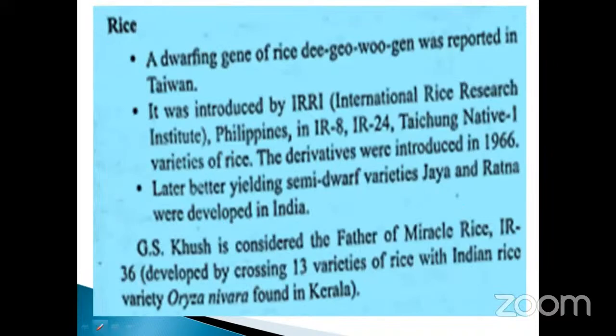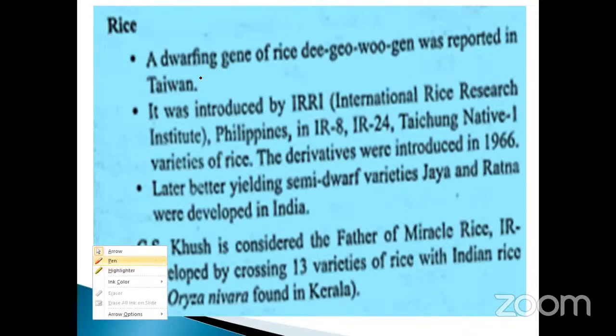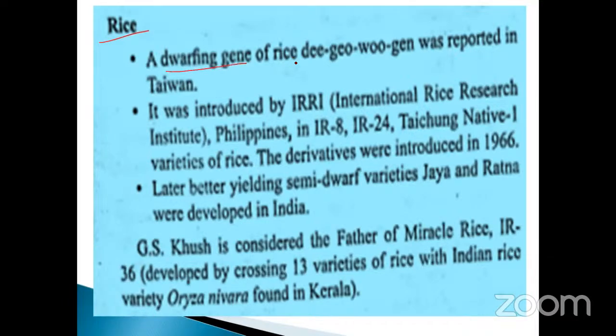The next one is rice, also given as an example. Rice, okay, a dwarfing gene. See here, the dwarfing gene of rice, Dee-geo-woo-gen. The name of the rice was reported in Taiwan.